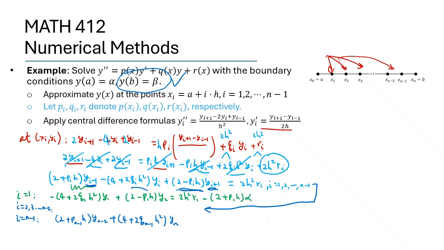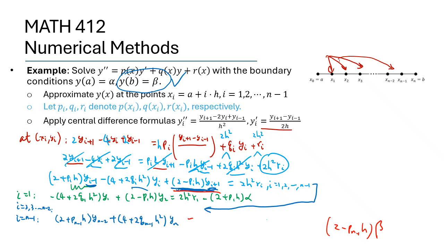So therefore this term will be a constant. It's 2 minus p_{m-1} h, times y_m, and y_m is beta. So it's constant, and we move it to the right-hand side.